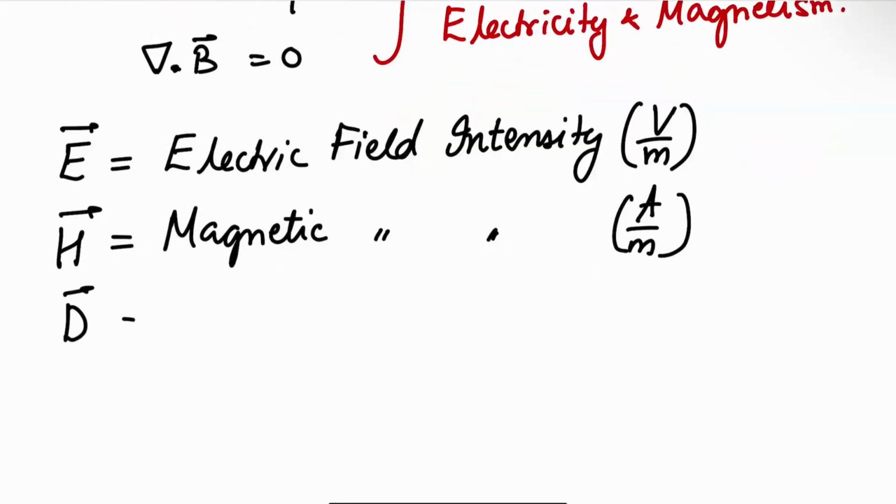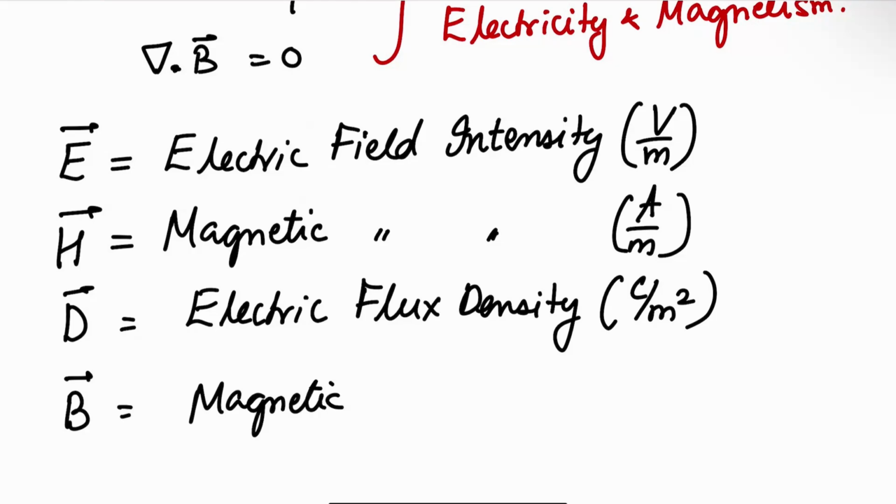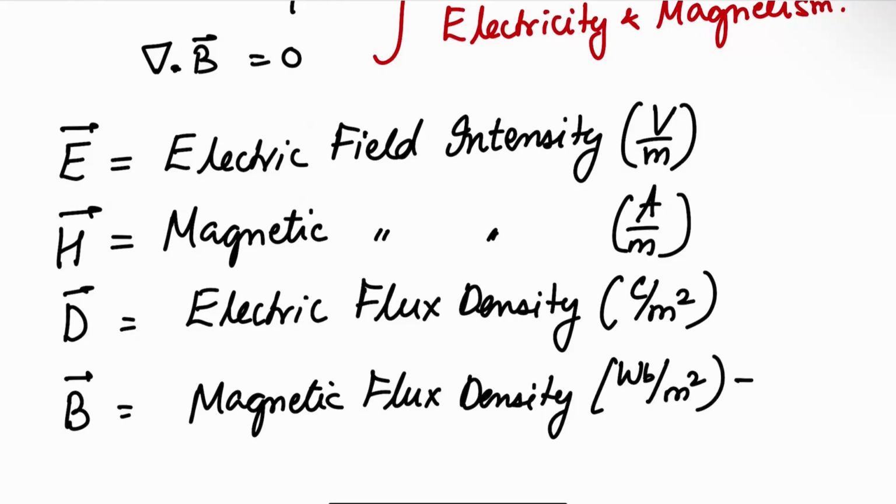D is electric flux density, and this is in coulombs per meter square. And B is the magnetic flux density, which is in Webers per meter square. And that's the same thing as a Tesla.